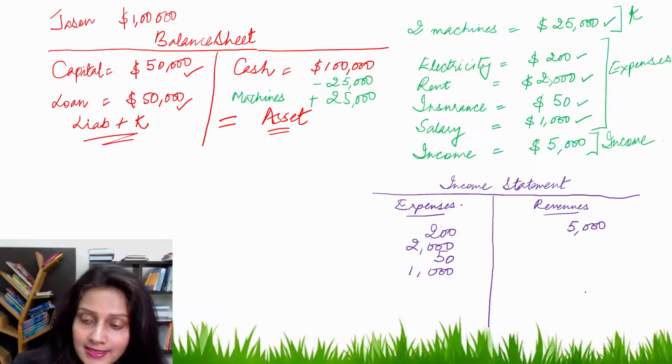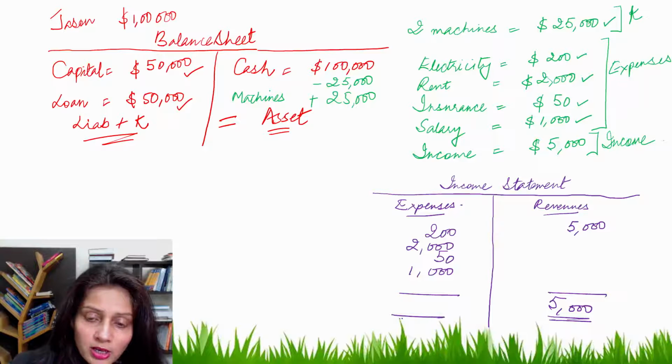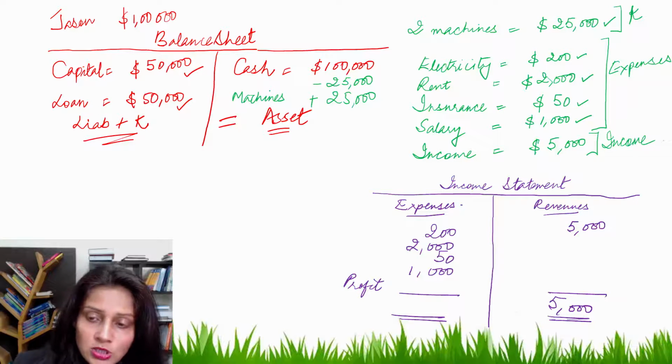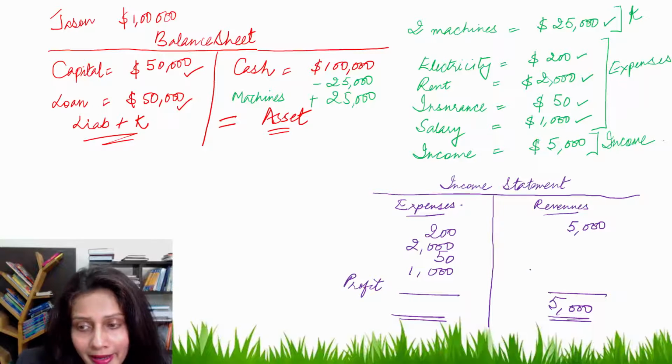As we can clearly see, the revenues total $5,000, and I'm not putting the expenses total here because here I need to put a small component which is called profit. So let's see, what is it? This is 3,250. So in my rough work, I will do 5,000 minus 3,250, with which I arrive at a difference of 1,750.